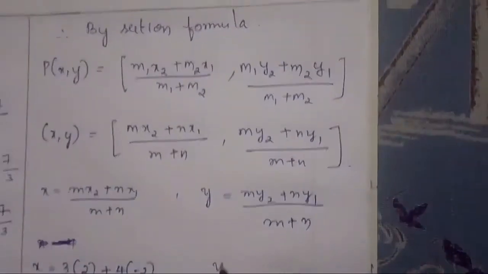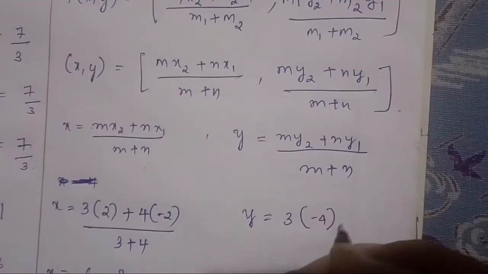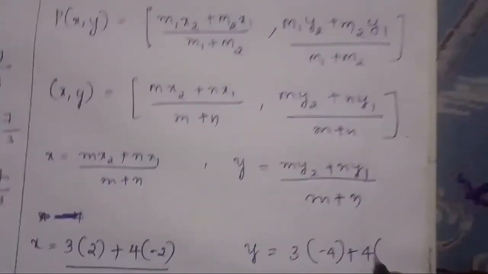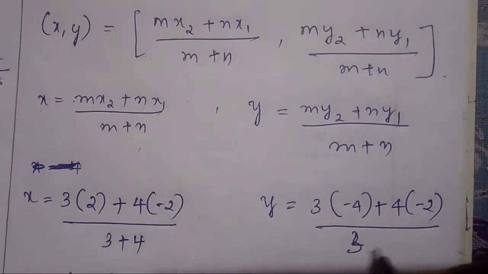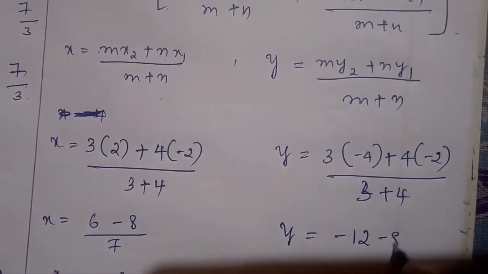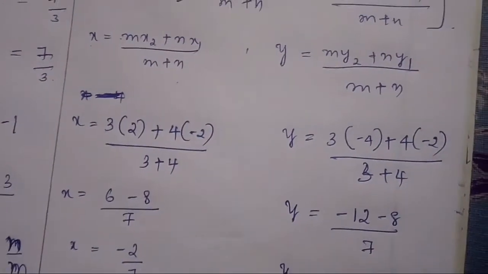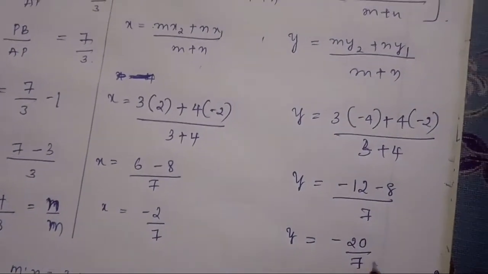Here y is equal to, m is 3, y2 is minus 4, plus n is 4, y1 is minus 2, divided by 3 plus 4, that is y is equal to minus 12 minus 8 divided by 7, y is equal to minus 20/7.